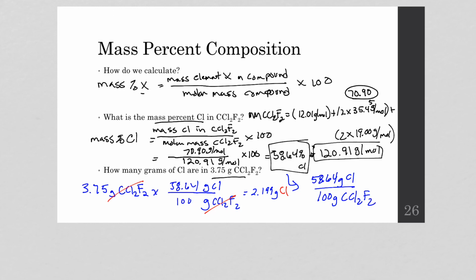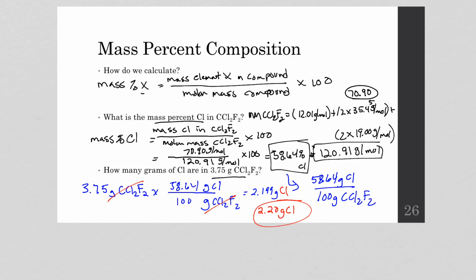Now we have three significant figures, so this becomes 2.20 grams of chlorine in this sample, right? So of this 3.75 grams, 58.64% of it is coming from chlorine, and that represents 2.20 grams.